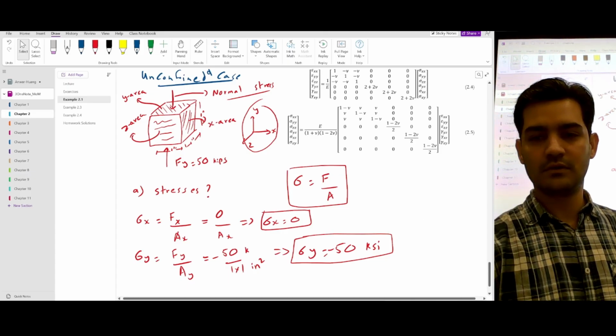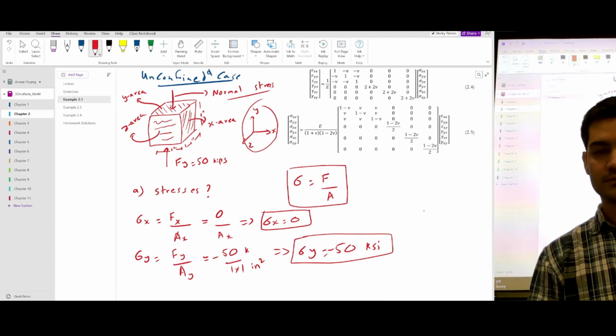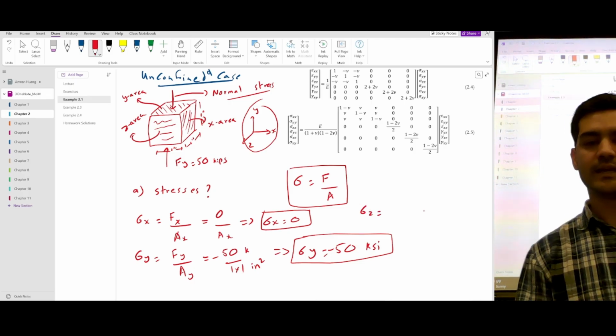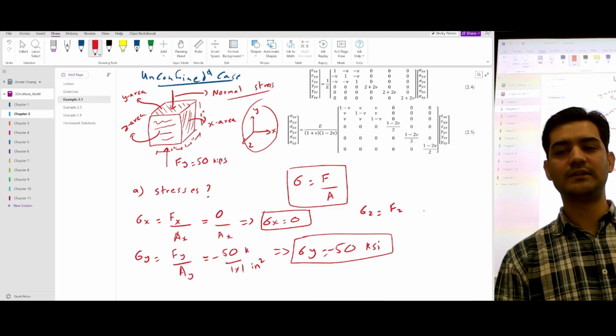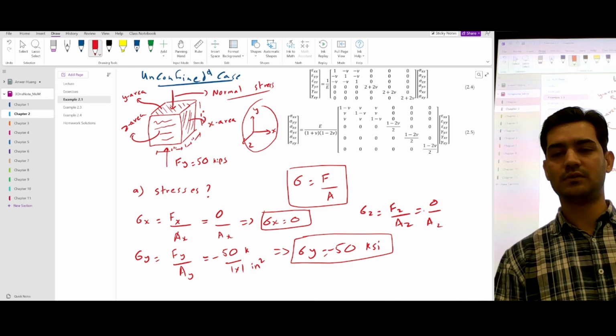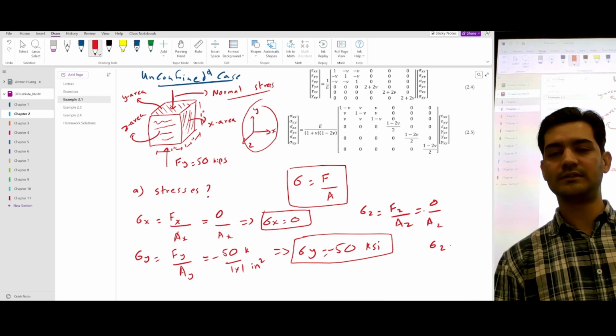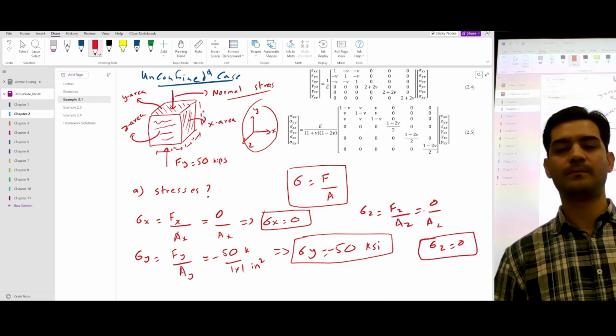So now we can calculate stress in the z direction, which would be force in the z direction divided by area of z. And the force we know in the z direction is 0. So stress at z is also 0.